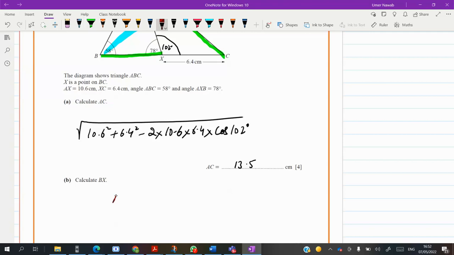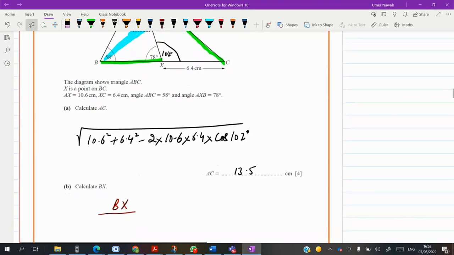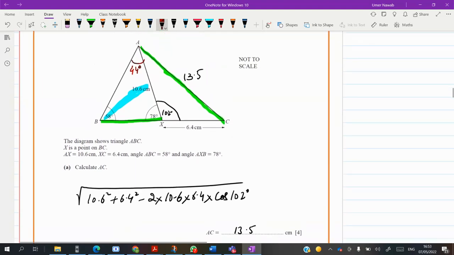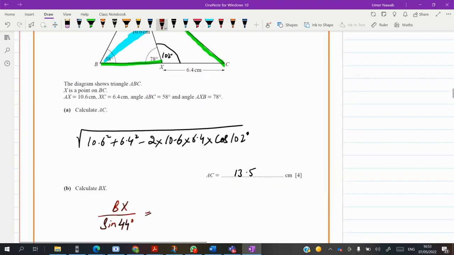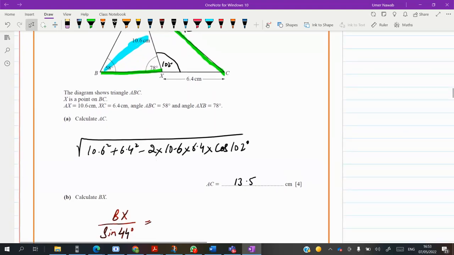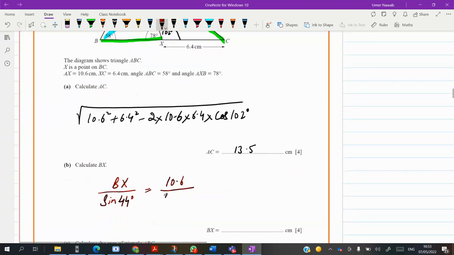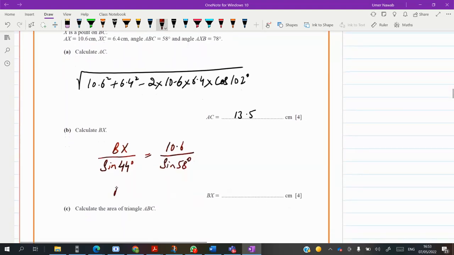So BX over, we use the sine rule, BX over sine of 44 is equal to 10.6 over sine of 58. So BX is equal to 10.6 times sine of 44 over sine of 58.